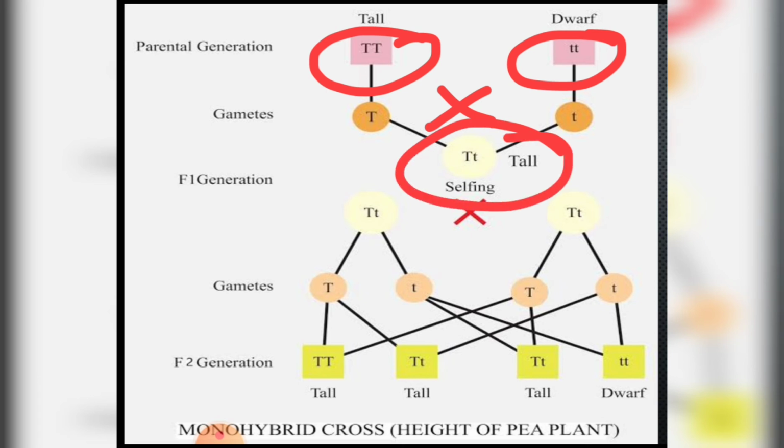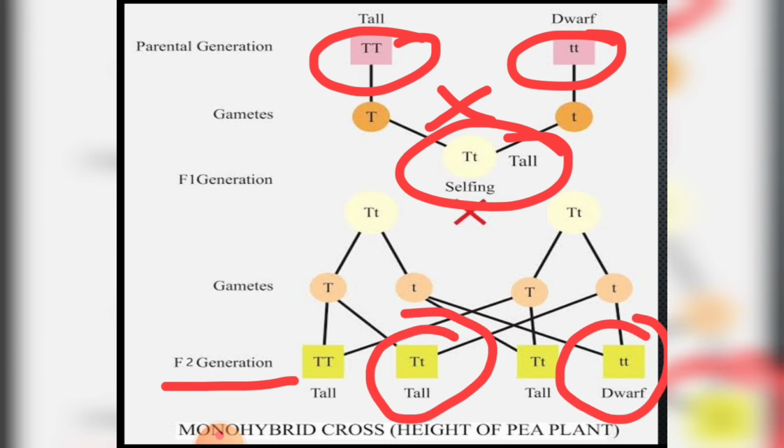When F1 plants self-pollinated, they produced two kinds of plants in the F2 generation. In the F2 generation or F2 progeny of the F1 tall plants, not all are tall. There are tall and dwarf plants.